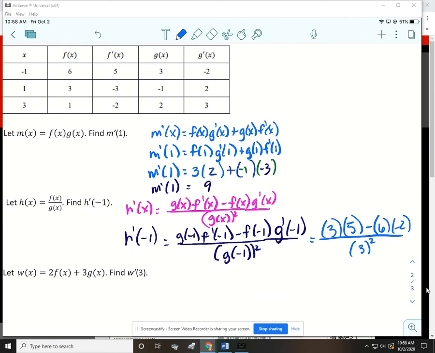All right, so it looks like we get 15 plus 12 divided by 9. So our final answer is 3.